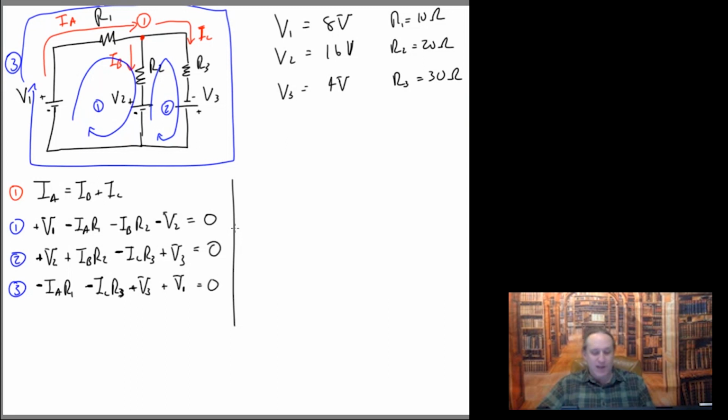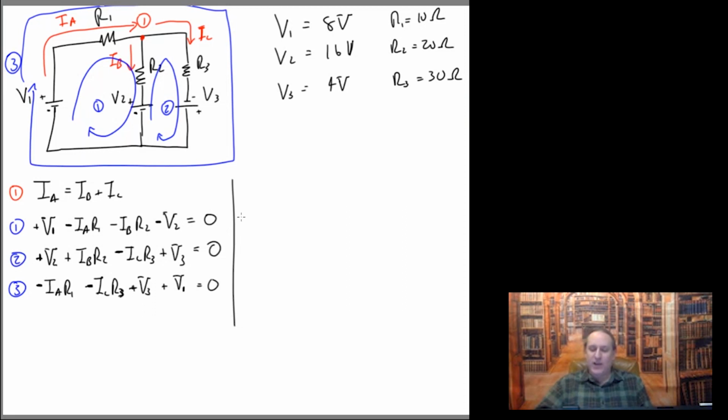So maybe you've learned how to do that in math class, maybe you haven't, but you will learn that for sure in linear algebra, but maybe also in a circuits class you might do it that way. It's basically you're letting the computer solve the system for you in a systematic way.